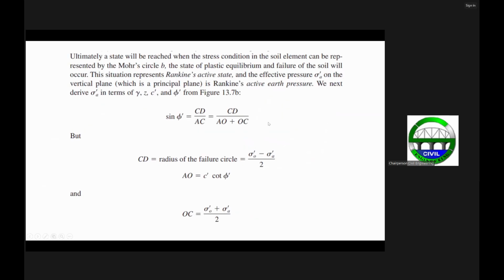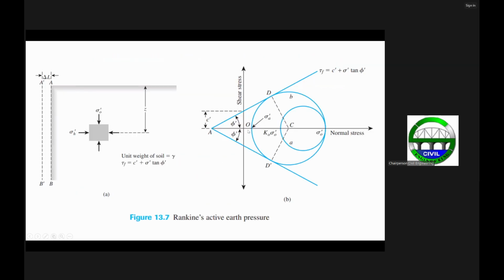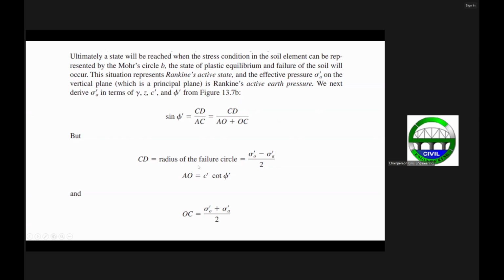So let us now try to replace these segments with respect to the active earth pressure, the overburden pressure, and the shear strength parameters. The radius CD here is equal to the radius of the failure circle, which is sigma sub O prime, the overburden pressure, minus the active earth pressure, over 2.